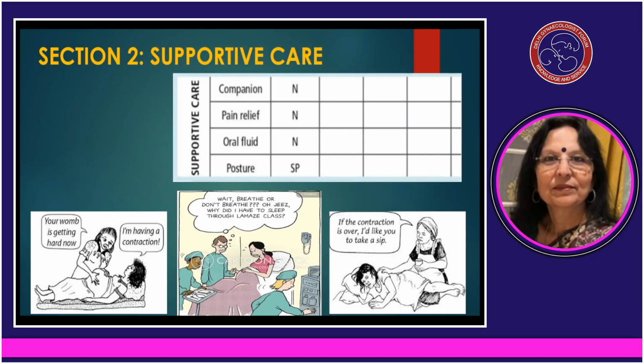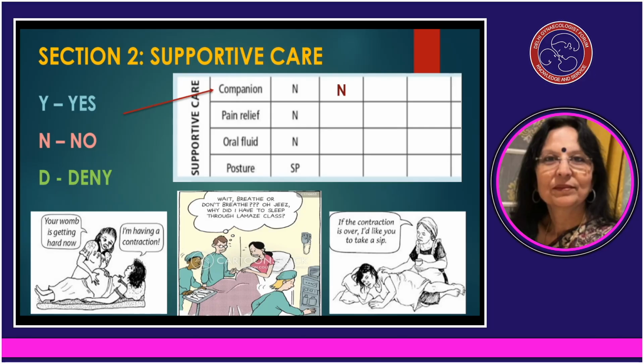Okay, so now we will take this one by one. Companion. Y is yes, N is no, and D is denial. In case you have written an N, then this is an alert because you have not offered a companion.